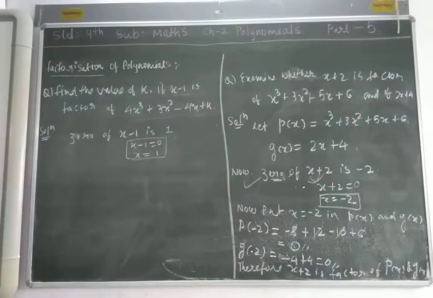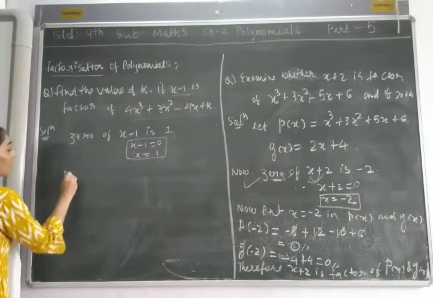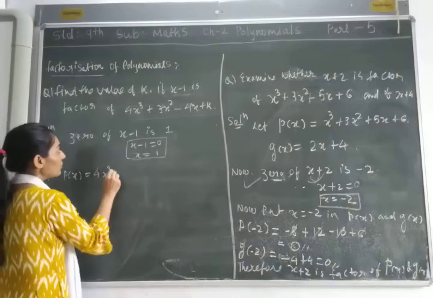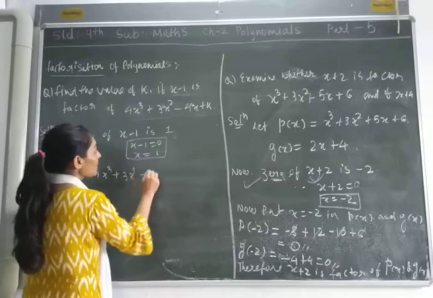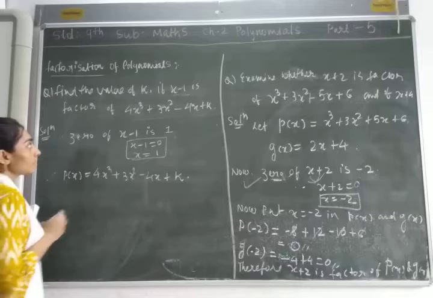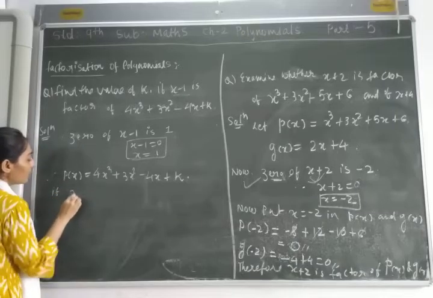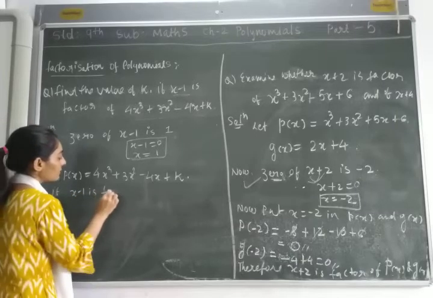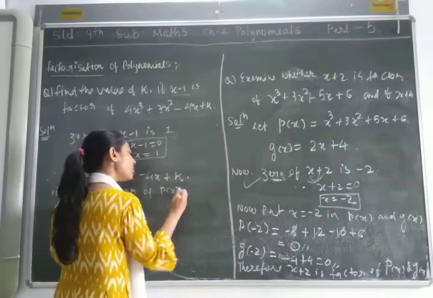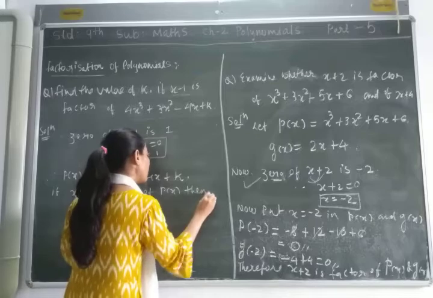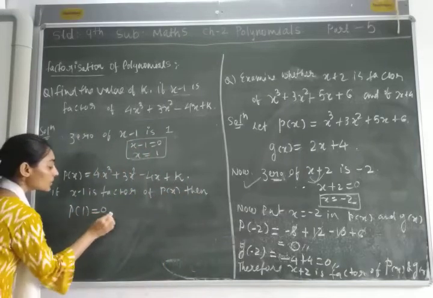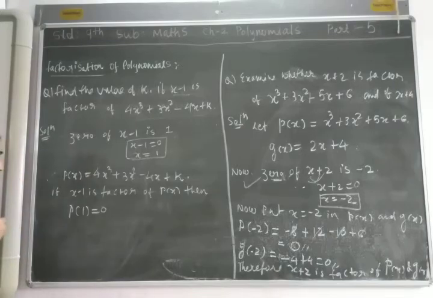Therefore p of x equals 4x cubed plus 3x square minus 4x plus k. If x minus 1 is a factor of p of x, then p of 1 equals 0.